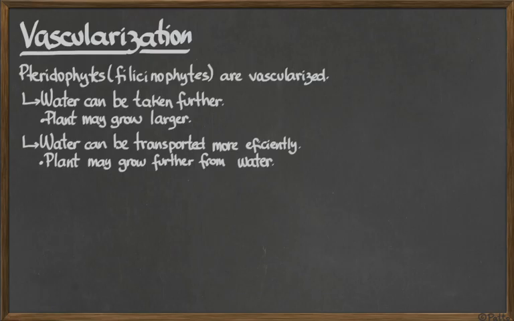Okay? It is still common for ferns to be found in wet places, or not wet, but humid places like tropical rainforests. But now they can grow not close to a river, not only in the shaded side of the tree. They can grow practically everywhere in a rainforest, or sometimes even in other kinds of environments.